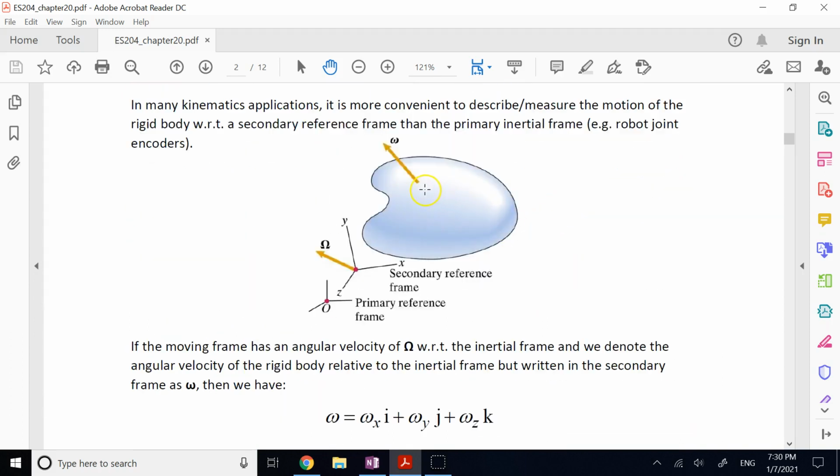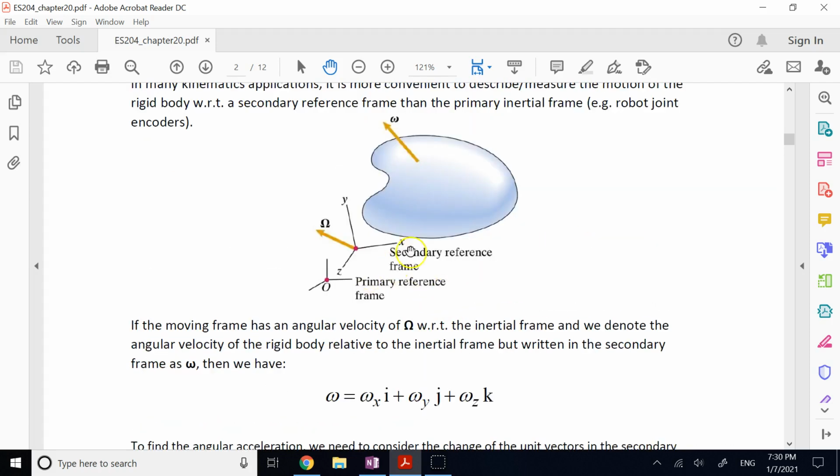One is if we are measuring the angular velocity of the rigid body with respect to a frame that is not rotating, or we are measuring it with respect to a frame that is attached to the rigid body itself. Well, the second case is so obvious, of course.